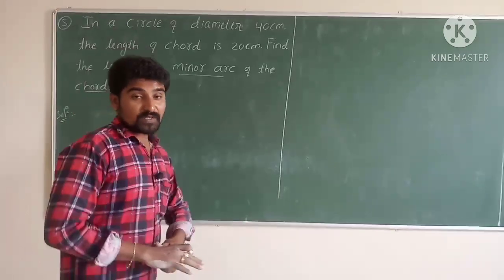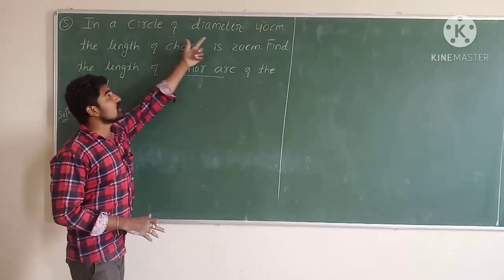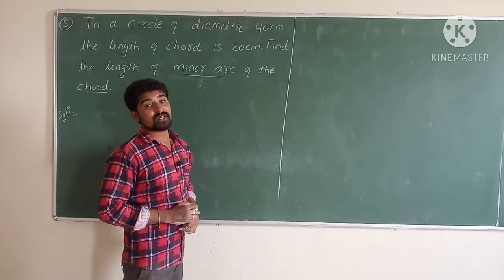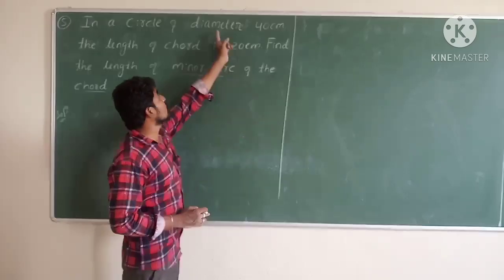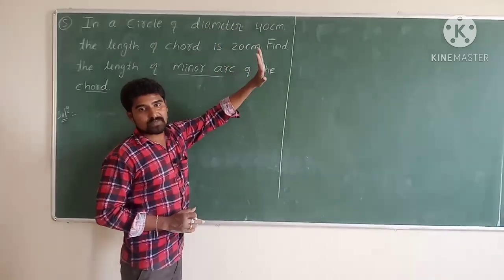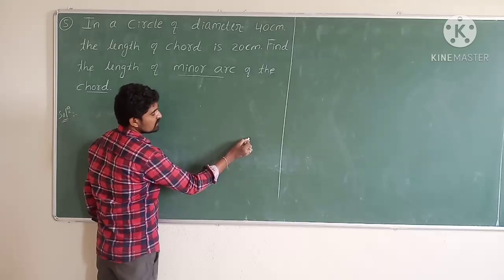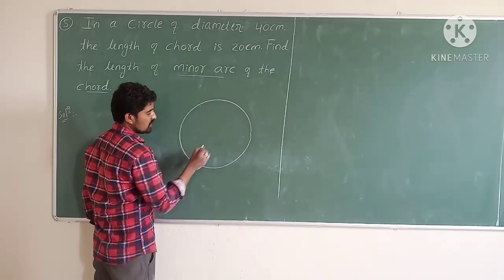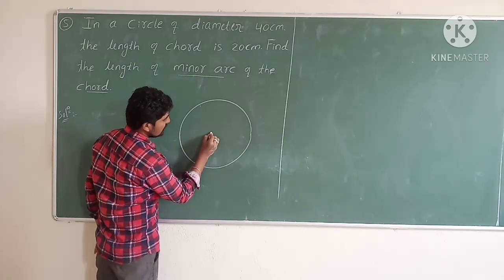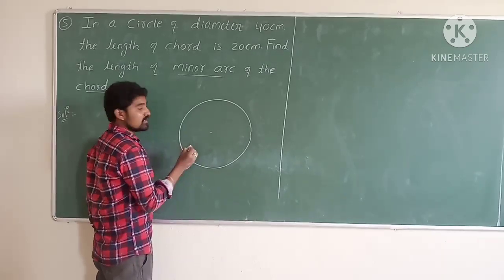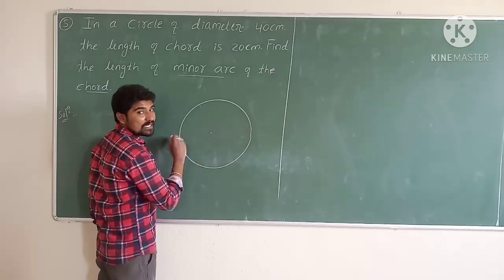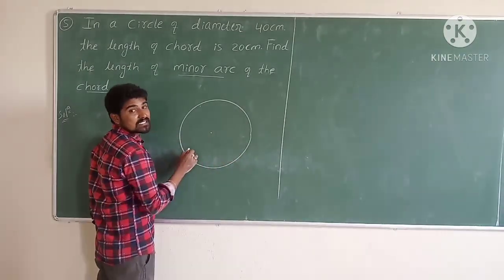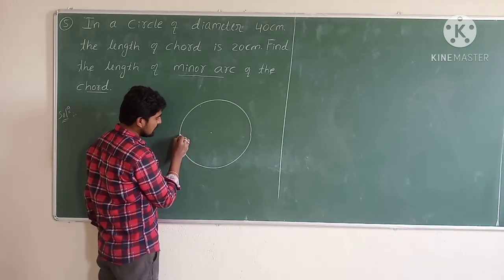So now the fifth question is, in a circle of diameter 40 centimeter. Diameter means ವ್ಯಾಸ. ವೃತ್ತದ ವ್ಯಾಸ ಎಷ್ಟು ಕೊಟ್ಟಿದ್ದಾರೆ, 40 centimeter. You just observe here that this is one circle and this is the center of the circle. A line which joins 2 points on the circle and which passes through the center of the circle is called what?